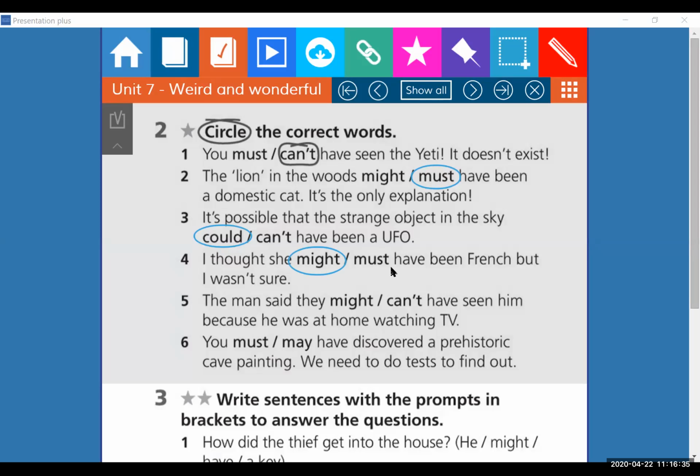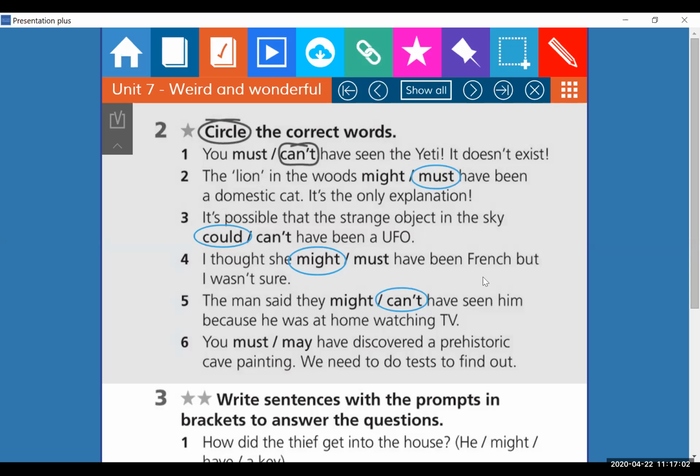As most of you suggest, can't. There's no possibility that they had seen him, because at the time he was at home watching TV. So it's impossible.